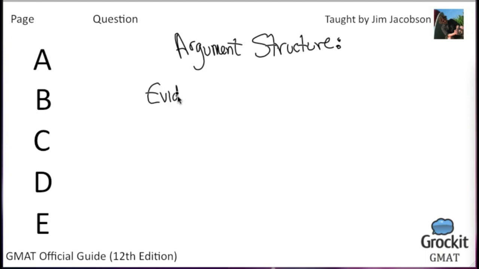The evidence plus the assumptions, and there will be many assumptions, but there's usually one central one that's maybe a little bit more of a logical leap and something that is a key element of the evidence. Those two things equal the conclusion.